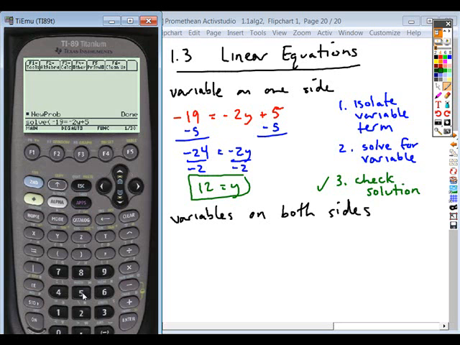Once you enter your equation exactly as it appears, you then need to tell the calculator what variable you want it to solve for. The way that you do that is you type in the comma, which is right above the 9. You tell it the variable you want it to solve for. So in this particular case, we want it to solve for y. Close off the parentheses. And now when you hit enter, it confirms that y is equal to 12. So you have your solution.